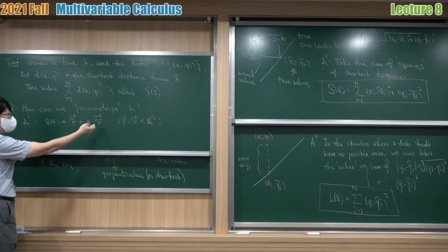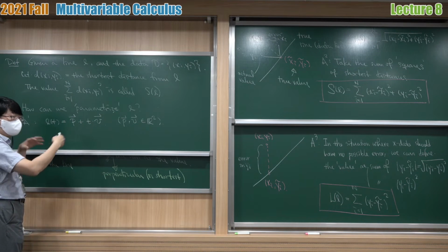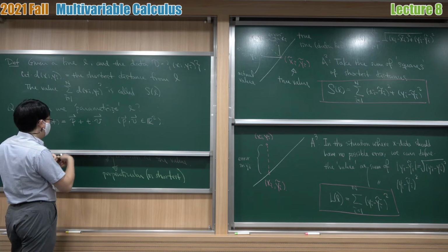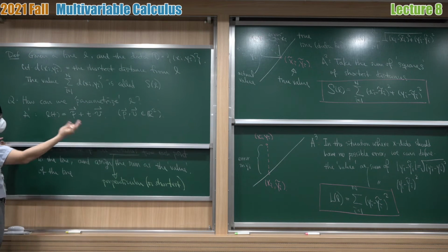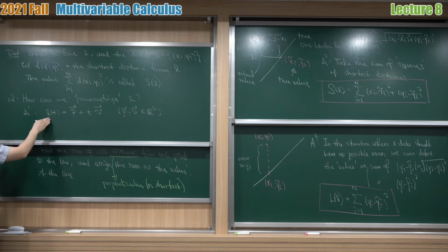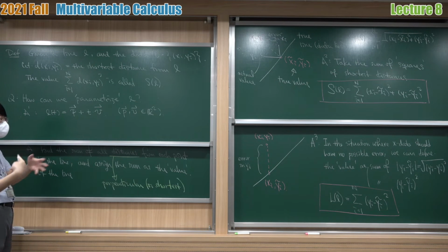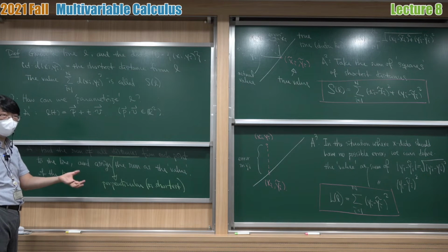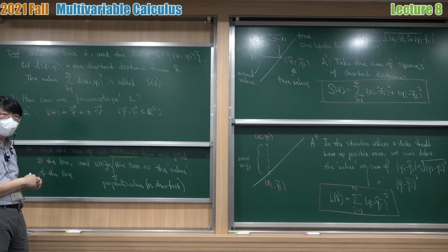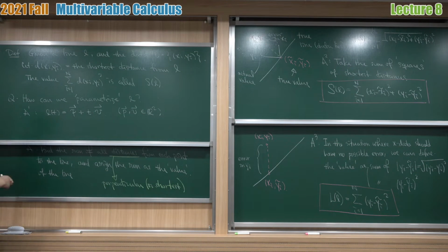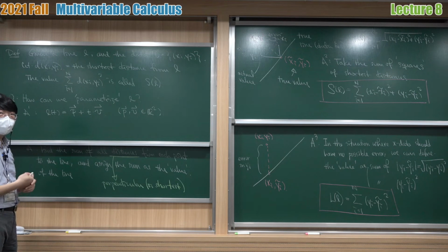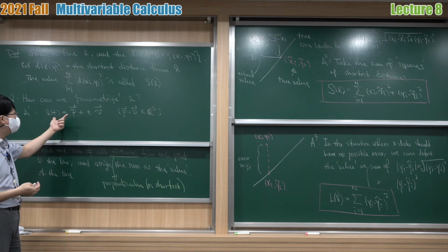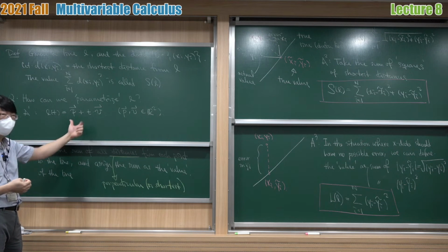So P and V are both two-dimensional vectors, and they're independent. So we need 4 values to define the line, but these 4 parameters do not define a unique line. I mean, there are 2 pairs of 4 values that define the same line, right? So I want to make it fewer. I want to make the parameters that define the line fewer than 4.